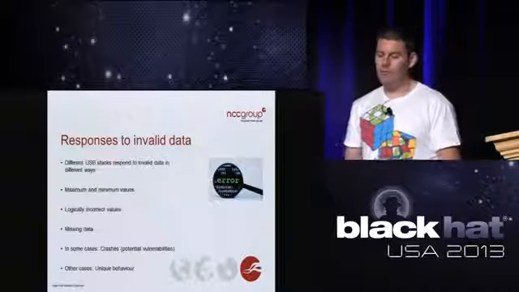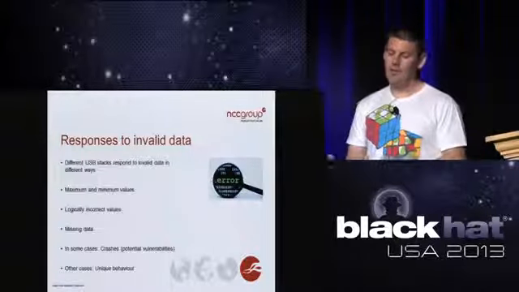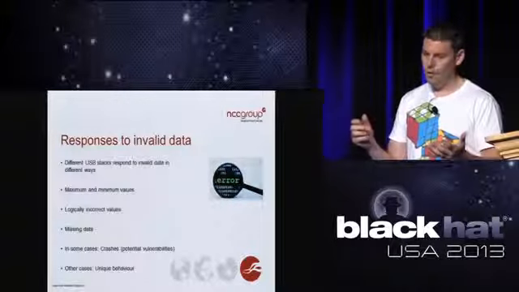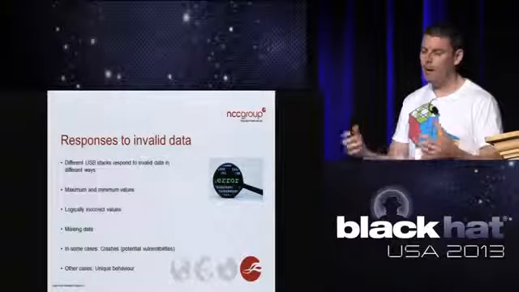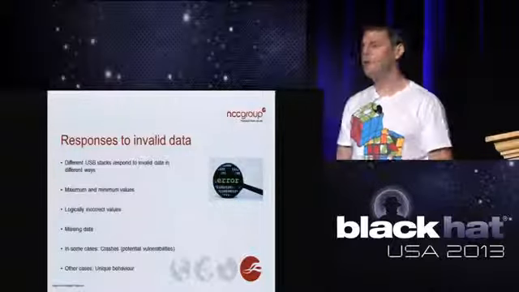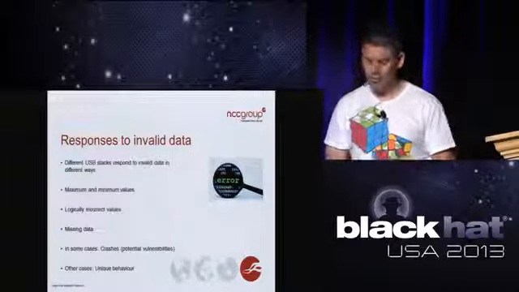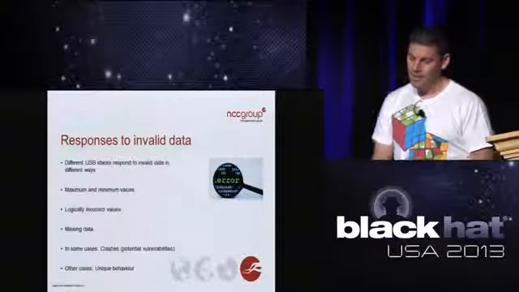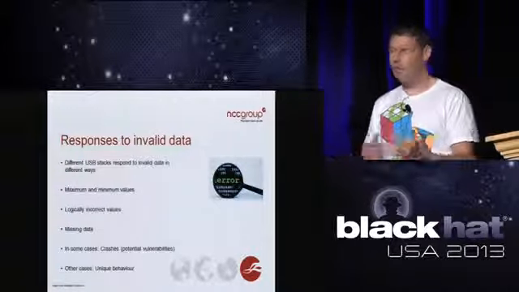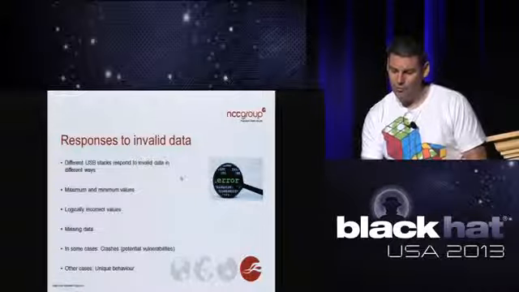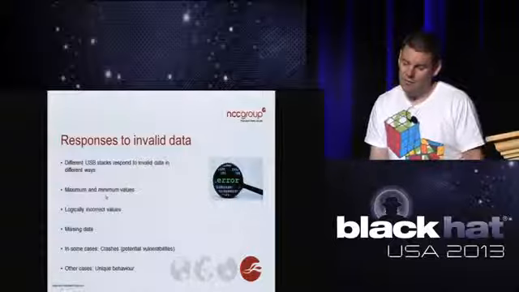Now, responses to invalid data. This can be used as part of our enumeration and fingerprinting, but also can be used for fuzzing to try and identify bugs within the parsing of this data. What I've seen is different host implementations respond to invalid data in different ways.